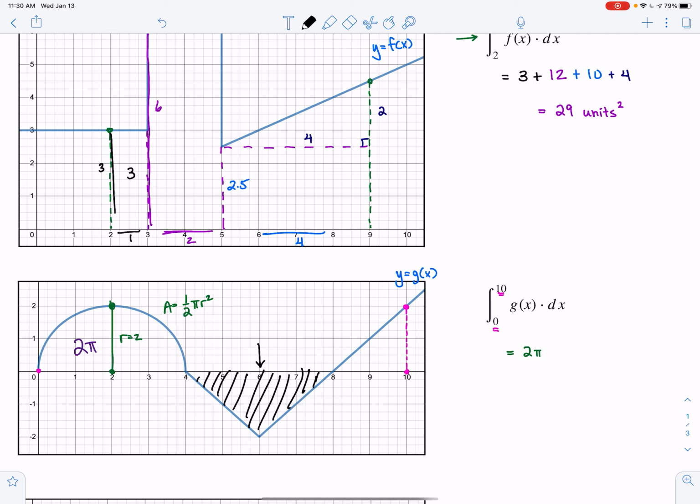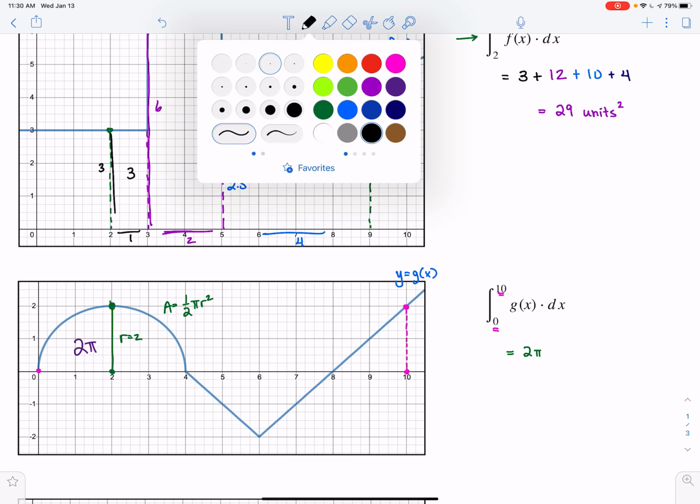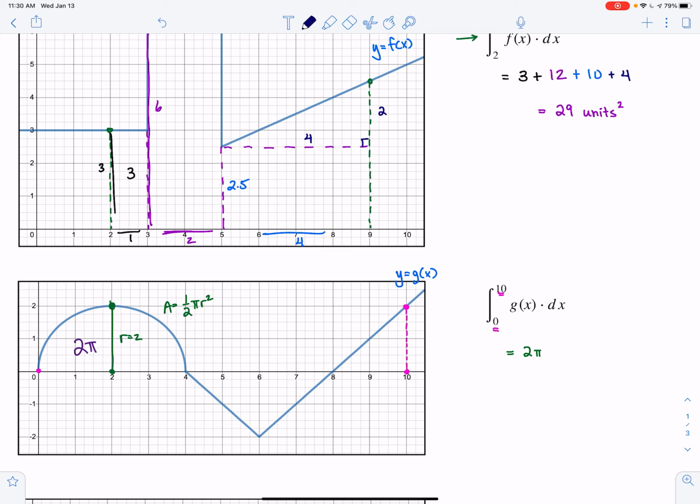And it's important to know that if my area resides above the x-axis, it is a positive area. This triangle resides completely below the x-axis, so it is going to have a negative area. And I know that negative area sounds strange, but as we get farther into the unit, you will see that that has a definite context that will be important for us. It doesn't change how we find the area, though.